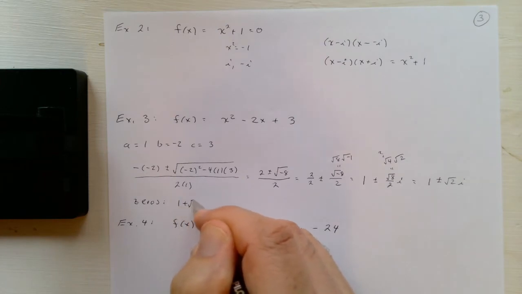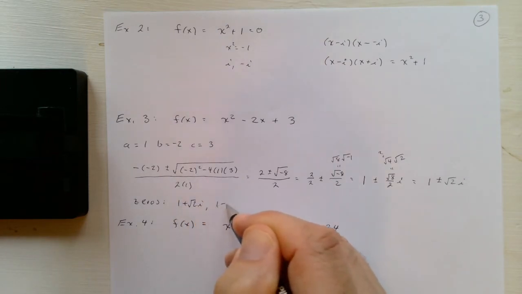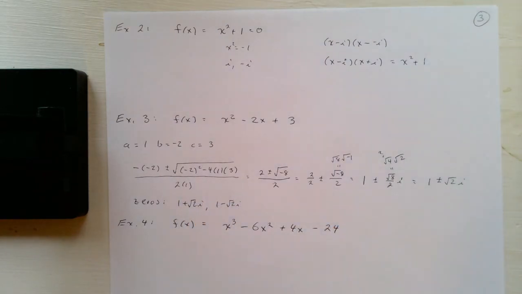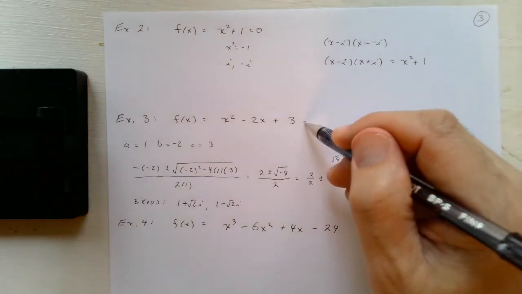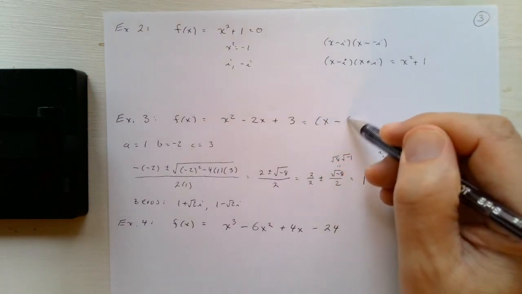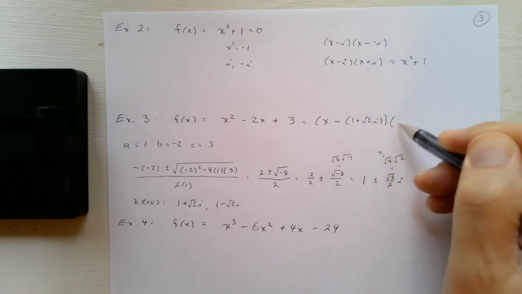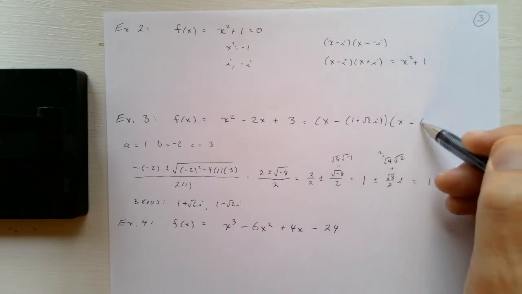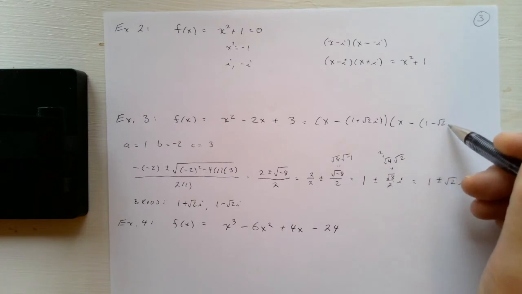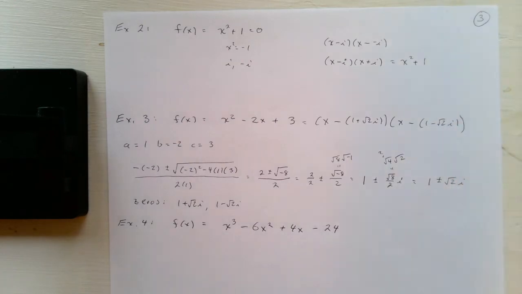So the zeros are going to be 1 plus square root 2 i and 1 minus square root 2 i. And in fact, this will factor as x minus the quantity 1 plus square root 2 i and x minus 1 minus square root 2 i. Okay.